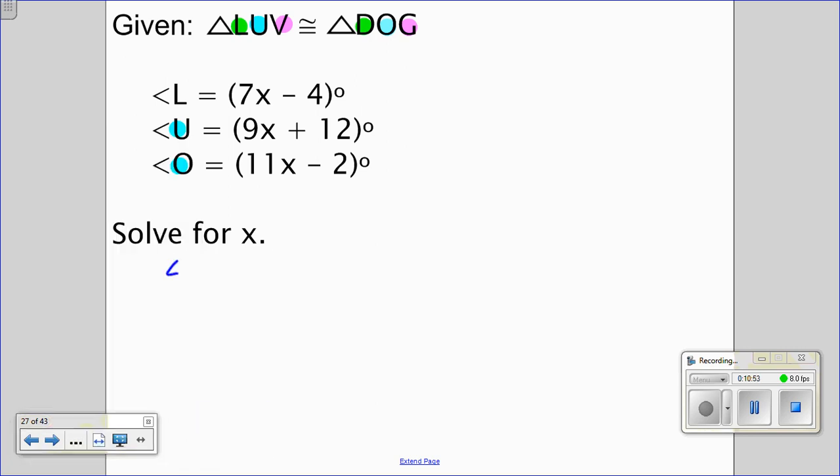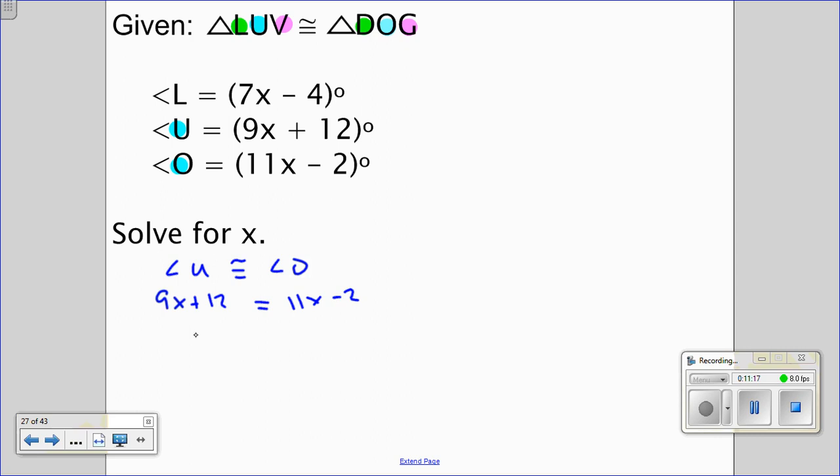So again, U is congruent to O. So that means 9x plus 12 is equal to 11x minus 2. And we can use this equation to solve for x.